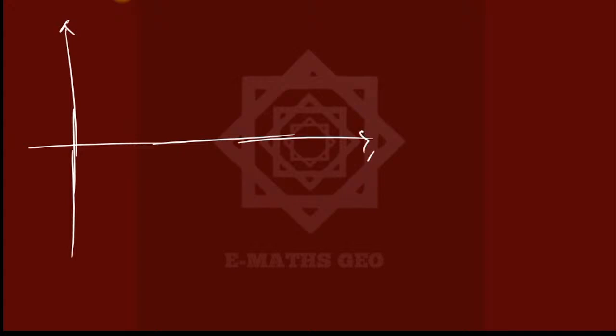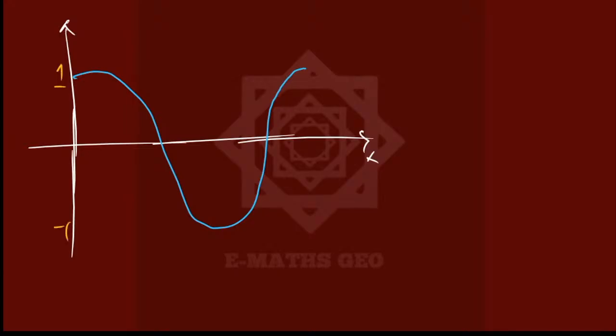So that same logic, we can use it for sec. Since we know that the graph of cos is like this, it's always like this. Here is the maximum 1, here is the minimum -1.